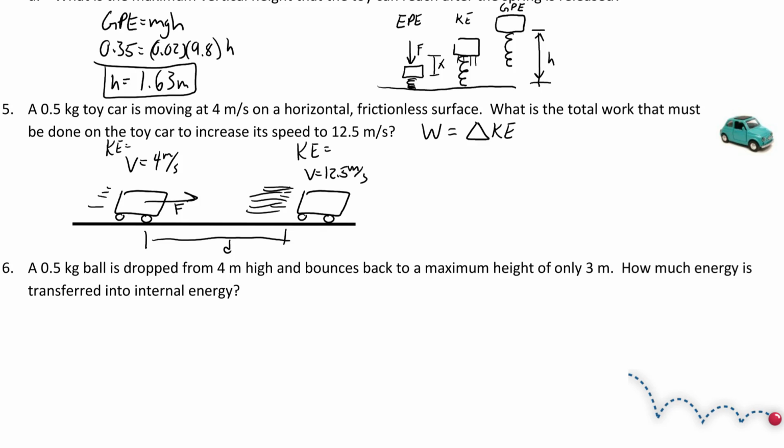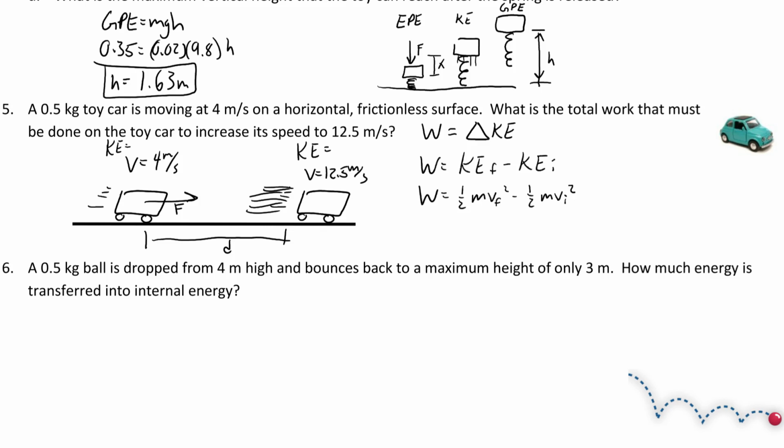It's moving at 12.5 meters per second. Where did it get this kinetic energy? It's equal to the work that you did in pushing the block with a certain force times the displacement. All right, so the work is equal to KEf minus KEi. So W is equal to 1/2 m vf squared minus 1/2 m vi squared.